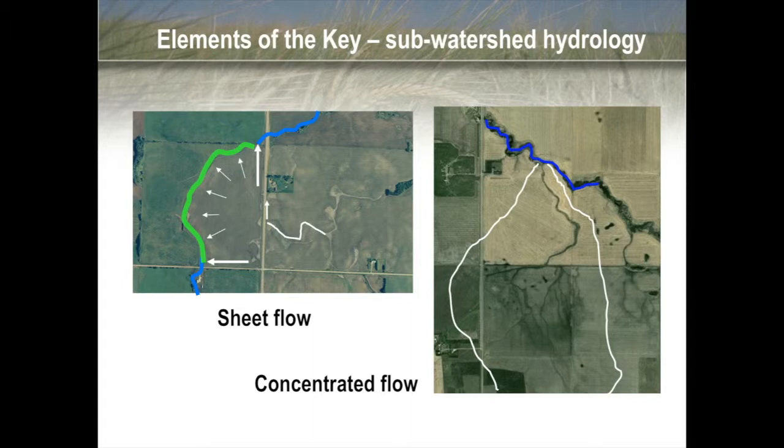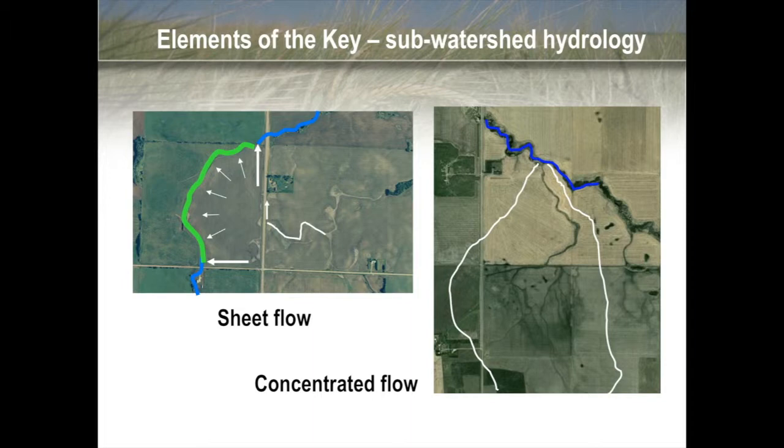The last part is about the sub-watershed hydrology. This is where we look at where the water's coming from. As an example, in the one on the left with the sheet flow, you can see there's a stream coming here. There's a road and a ditch that direct water that way.